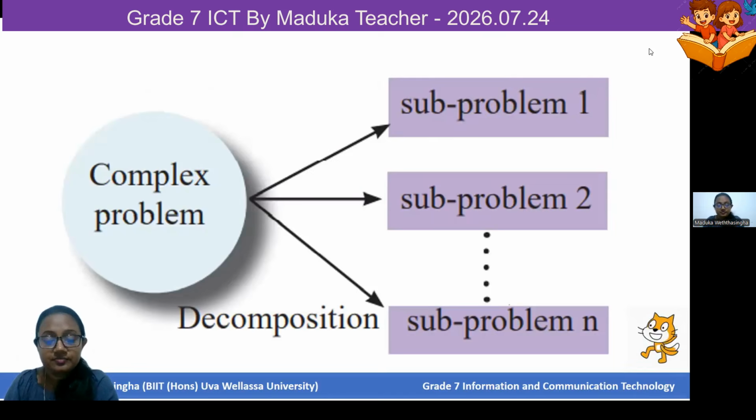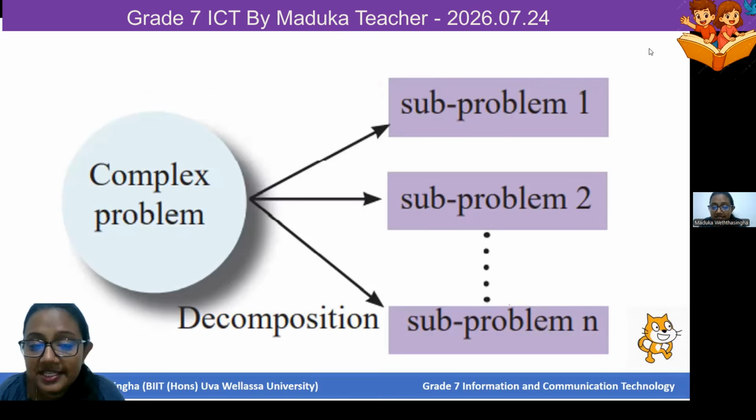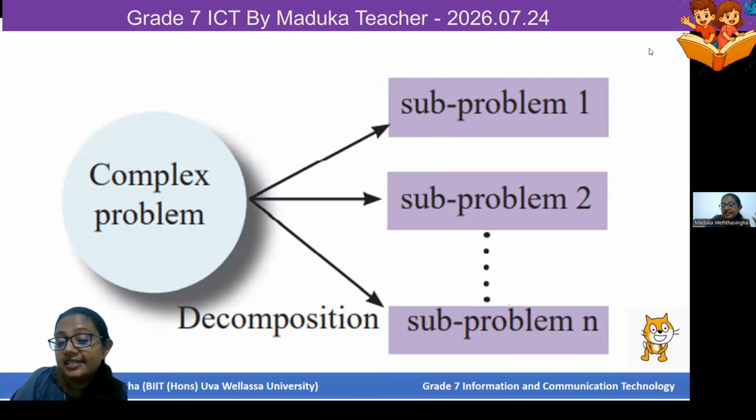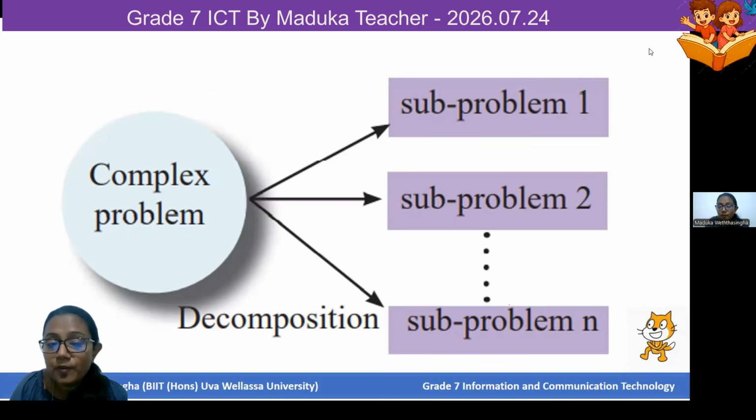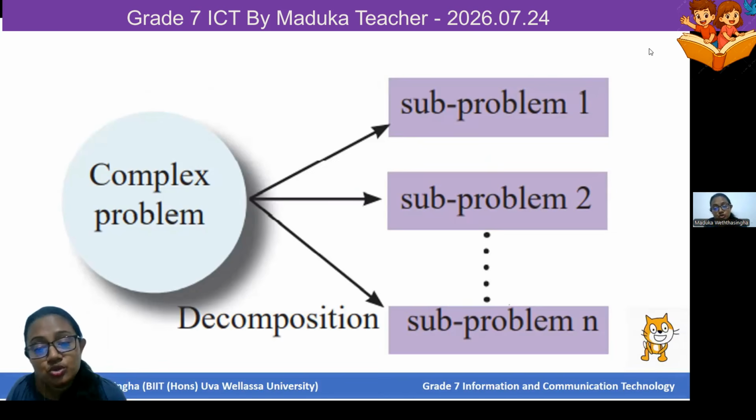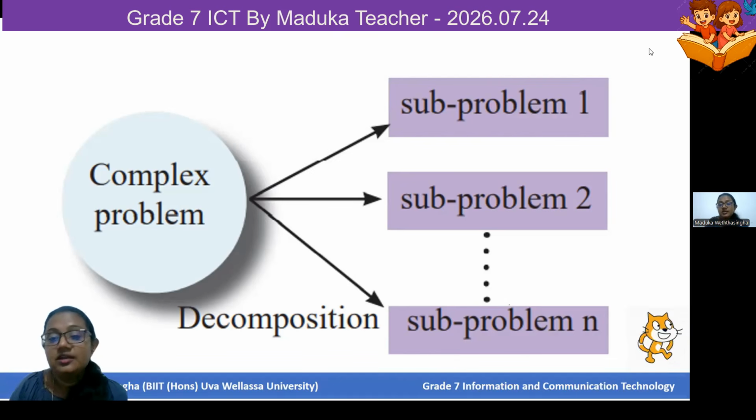Right? Now see this image. Here at the left side, we can see a complex problem. I don't know what it is. And on the right side, you can see we decompose the complex problem into small subproblems. Subproblem number 1, subproblem number 2. Likewise, there are n subproblems. Right?